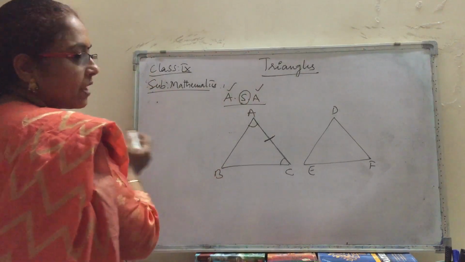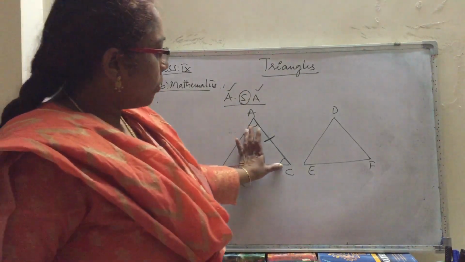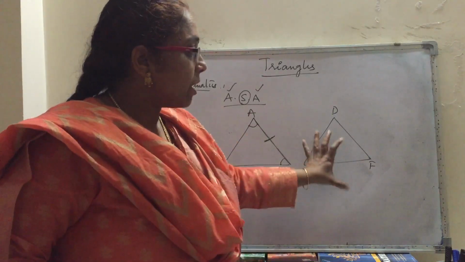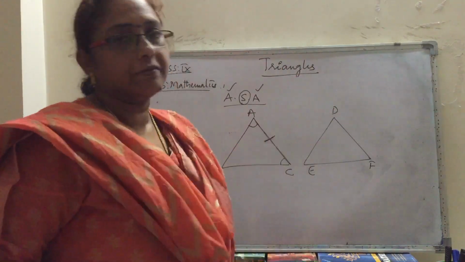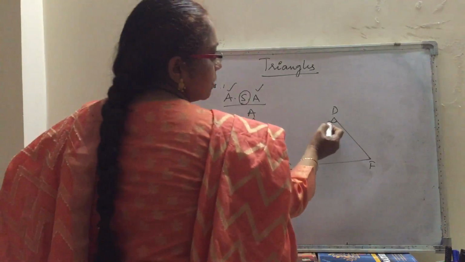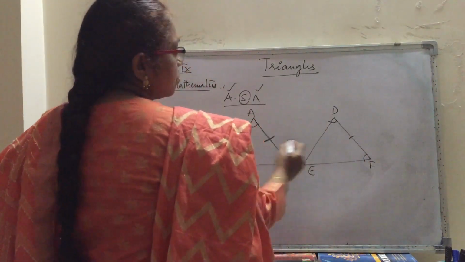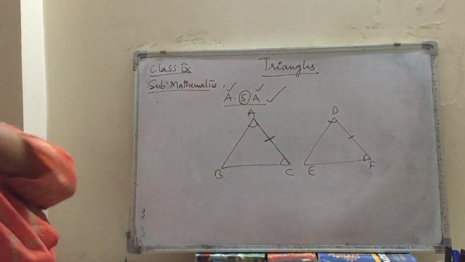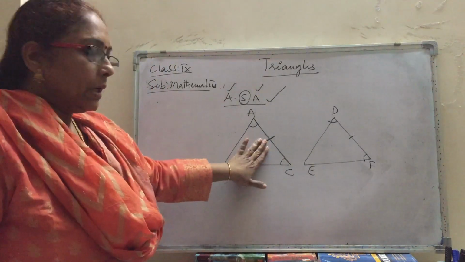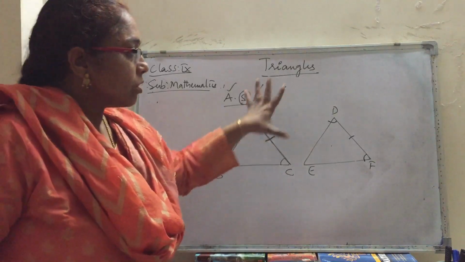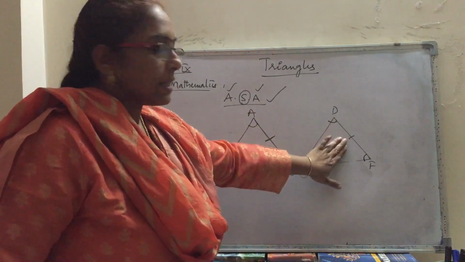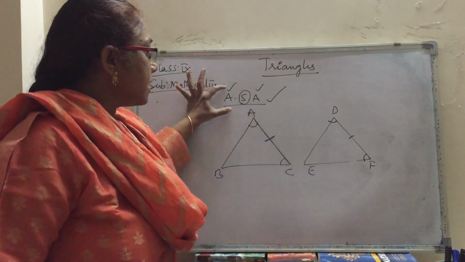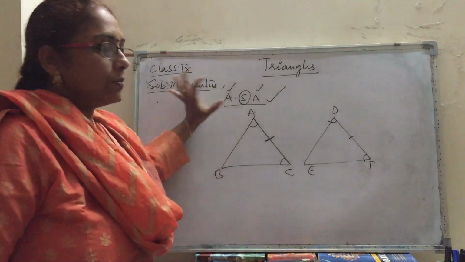This one. In a triangle, if two angles and the included side are equal to the corresponding two angles and included side of another triangle, then these two triangles are congruent by this ASA congruency rule.